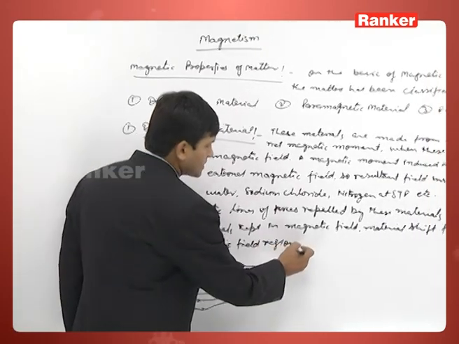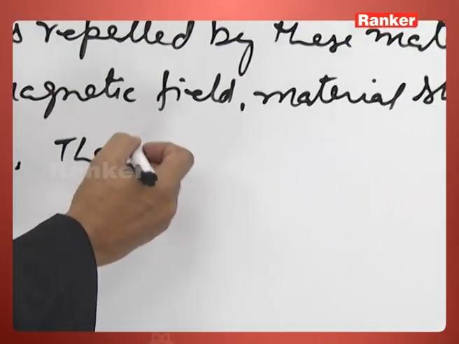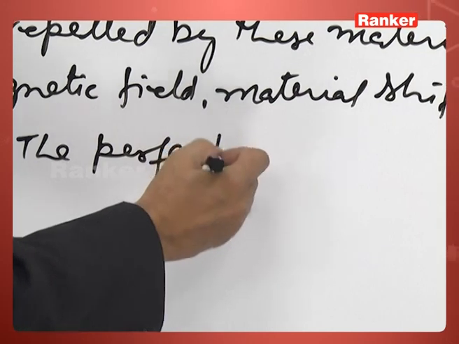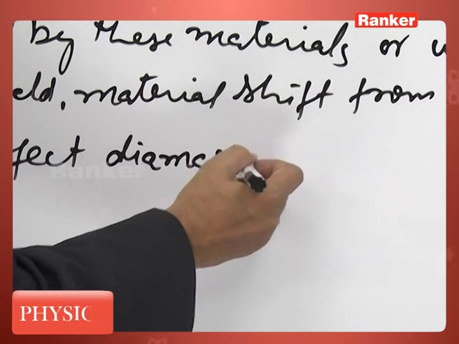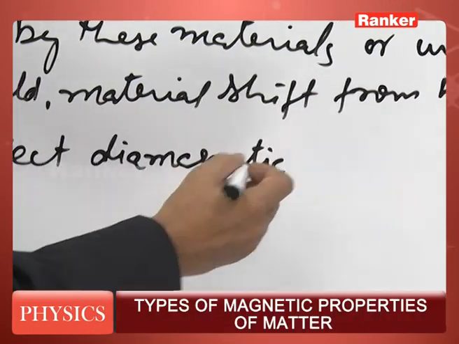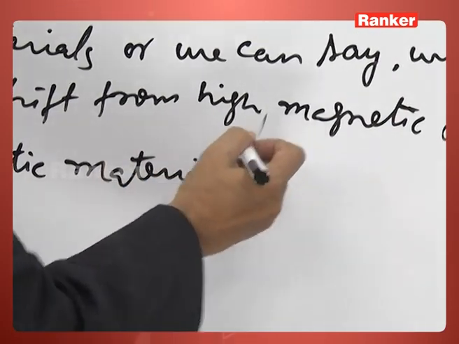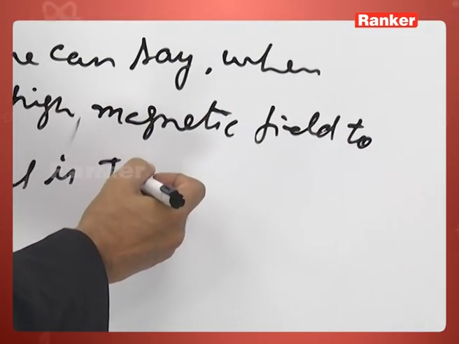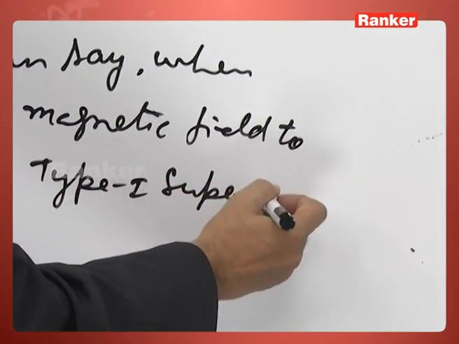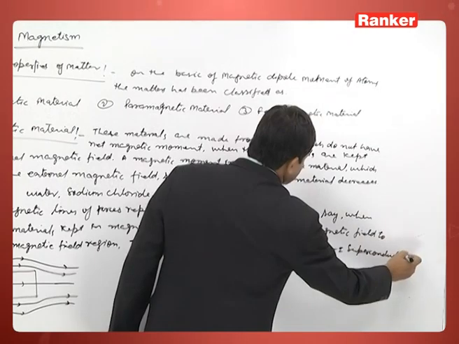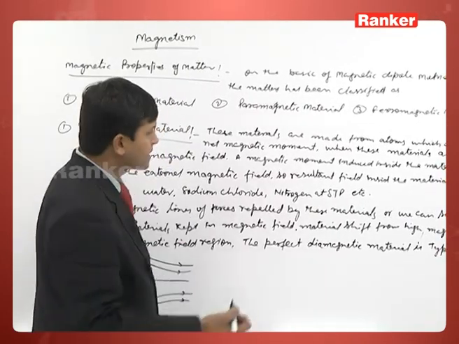Now, the perfect diamagnetic material is a type 1 superconductor.